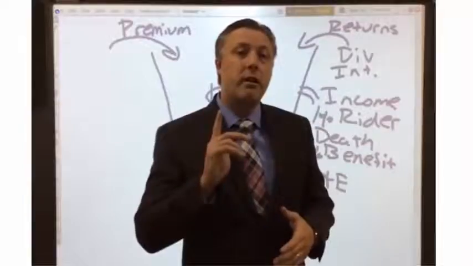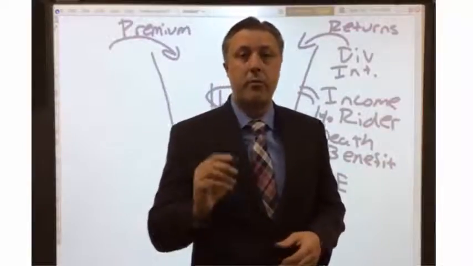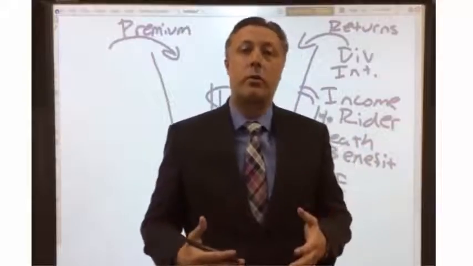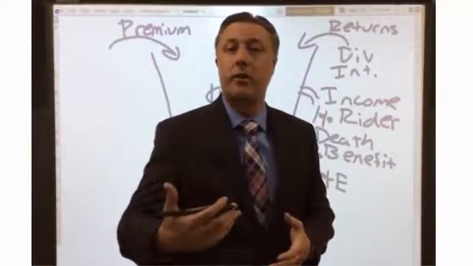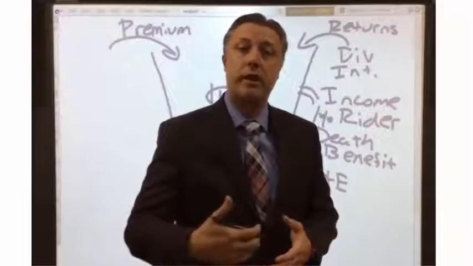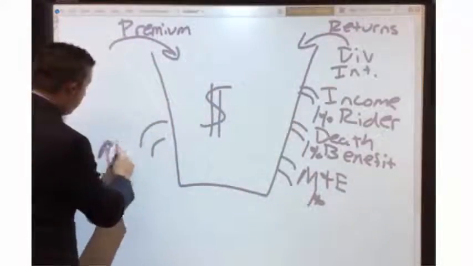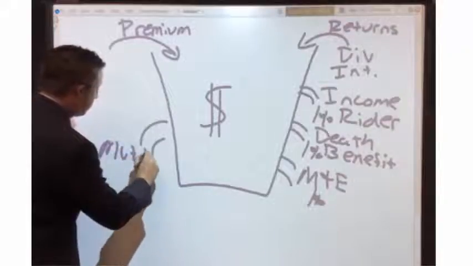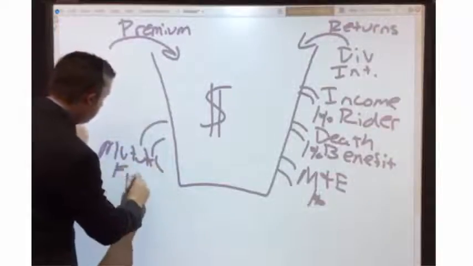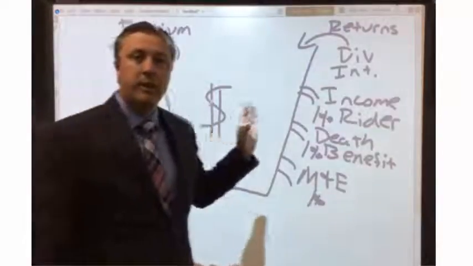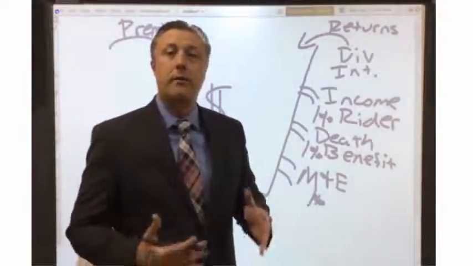But there's another hole in this bucket. Remember, we talked about how the money in a variable annuity grows. Well, it grows according to the performance of the underlying investments, which are mutual funds or ETFs. So we've got another hole, and that could be another 1%. So before we even get started, we could potentially have 4% or more in fees.